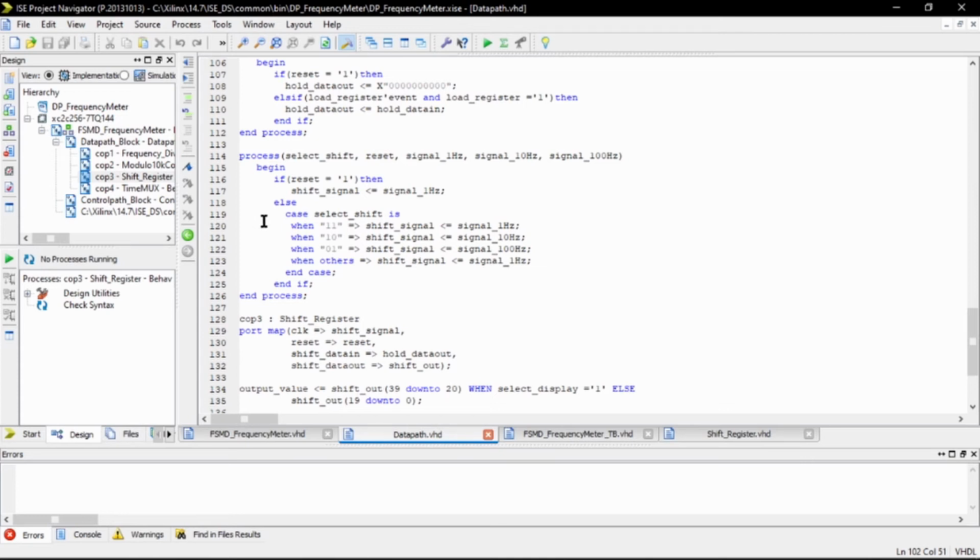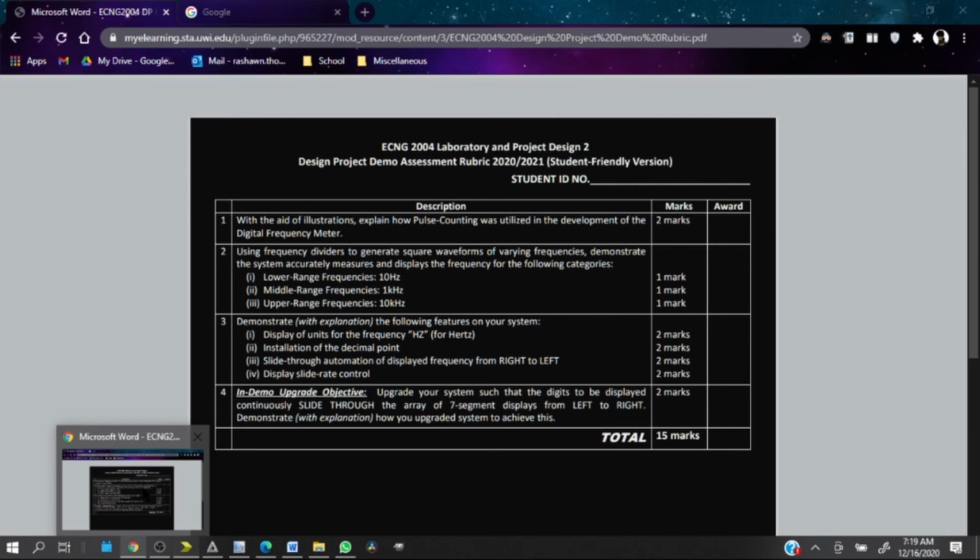If it is 1 1, meaning there's no input to the push buttons, select shift would be the 1 Hertz. All of these signals were generated in the frequency divider. If it's 0 1, as you saw, it would be 10 Hertz. If it's 1 0, it would be the 100 Hertz. And for anything else, like if I hold down both push buttons, it would remain at 1 Hertz.